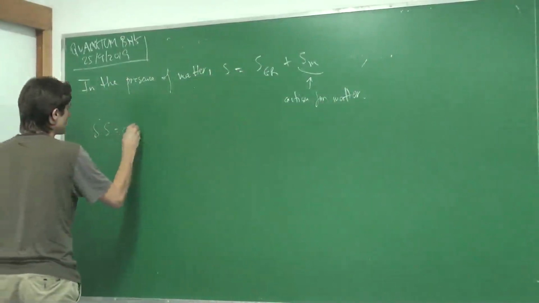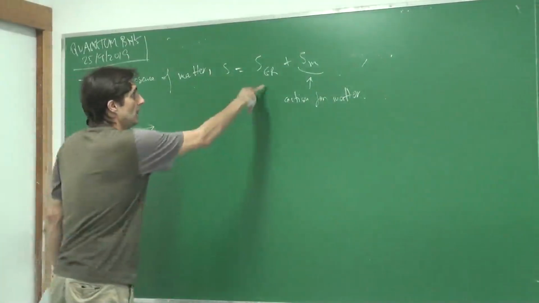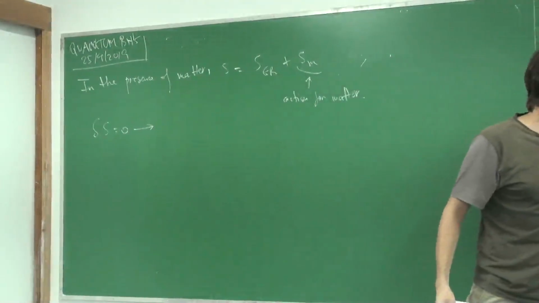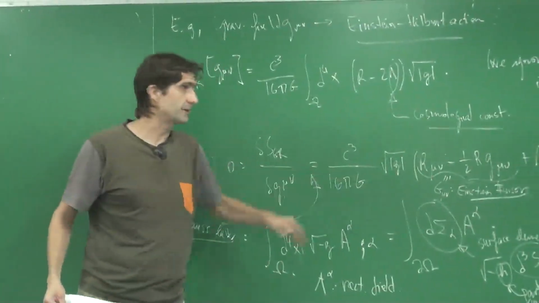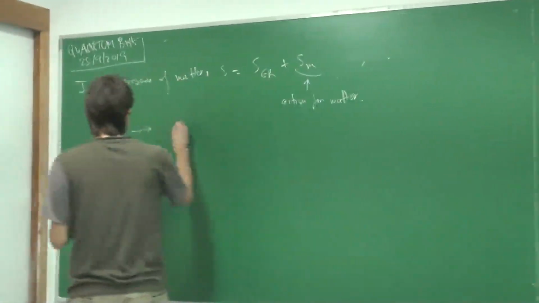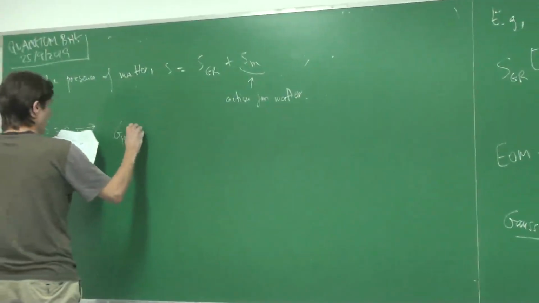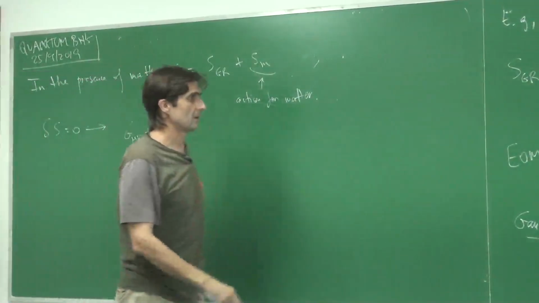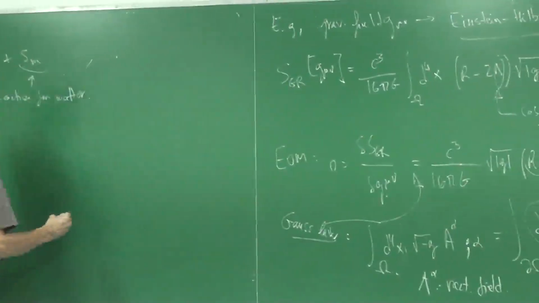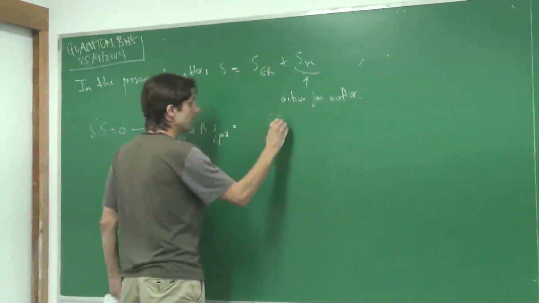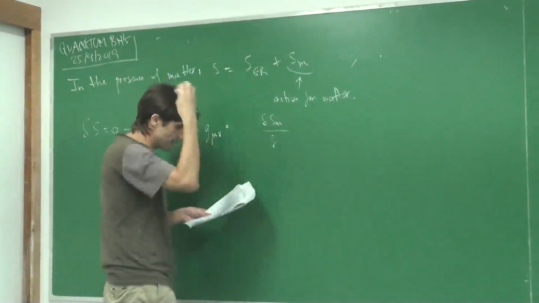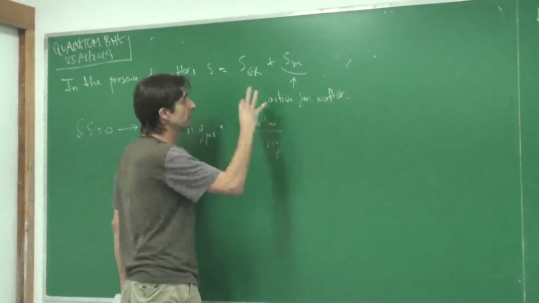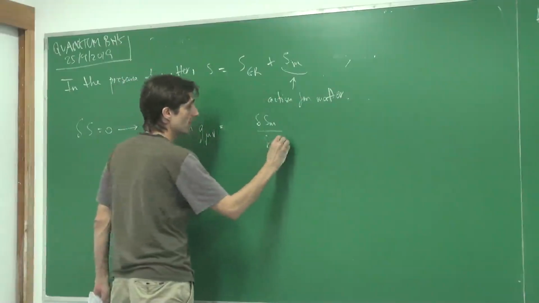Extremizing the Einstein-Hilbert action gives you this bit, G mu nu plus lambda g mu nu, and then you also get a term which is the functional derivative of the matter action with respect to g mu nu.